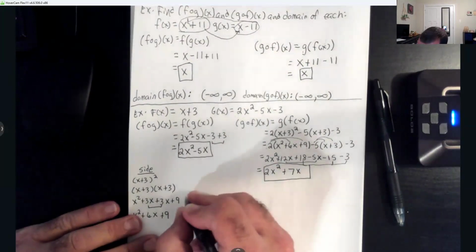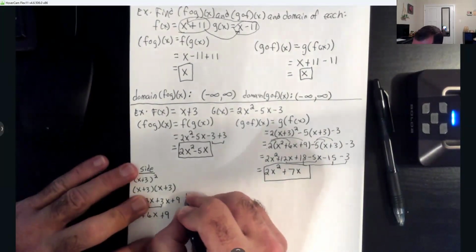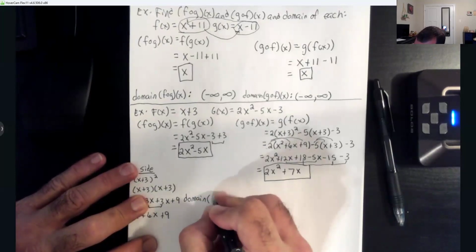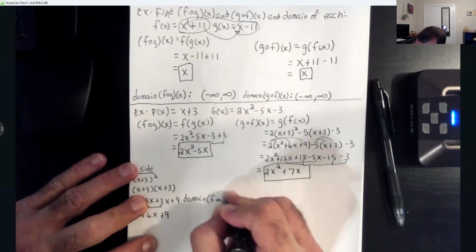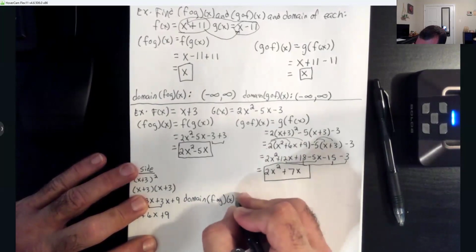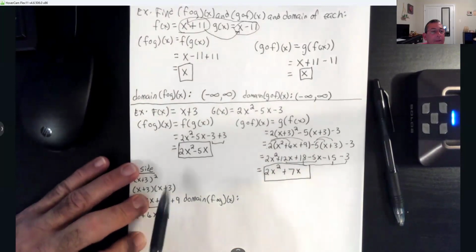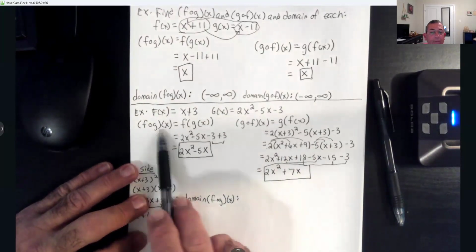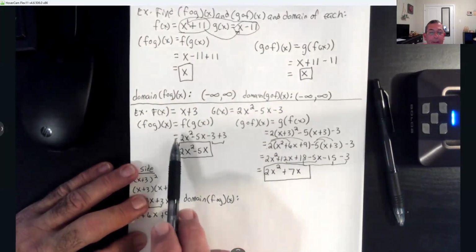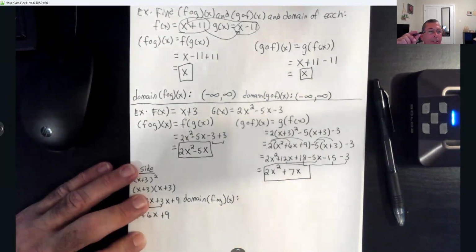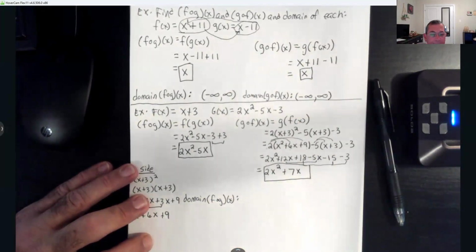Y'all, so let's see. First, how about the domain of my f composed g of x? So here's your f of g of x. And when we plugged it in, we had this. So my question is, what's the domain? So no fractions again, good job.